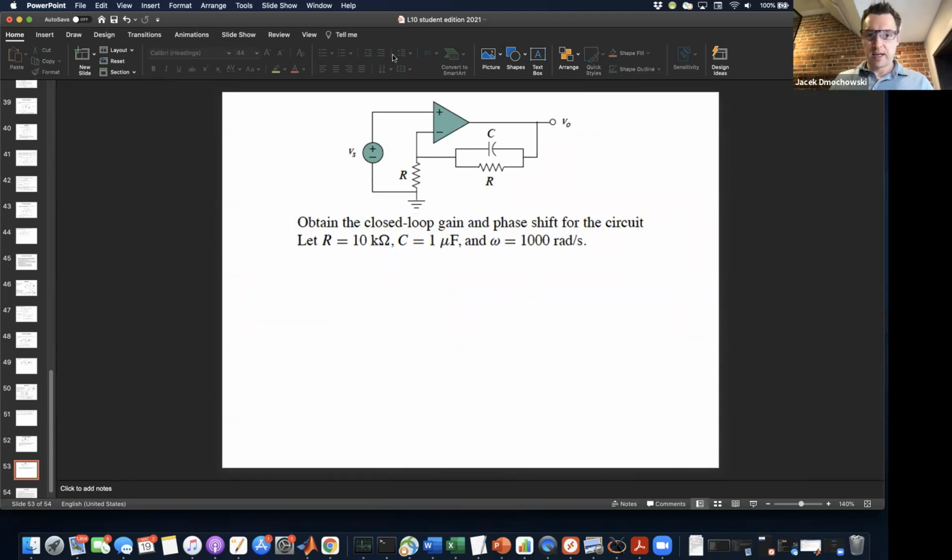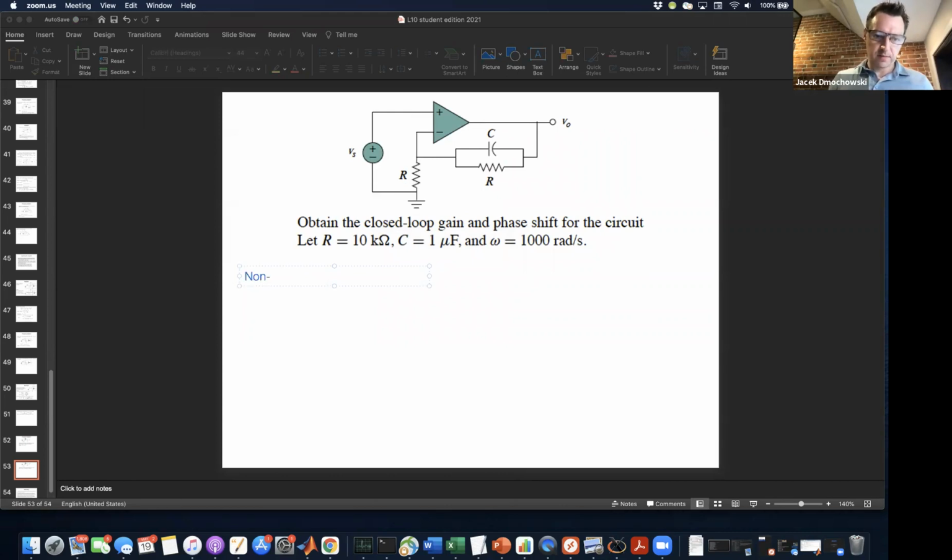So this is a non-inverting amplifier, first of all, because the input is connected to the plus input of the amplifier. And so the gain, we're going to call G, is equal to 1 plus ZF over ZI, where ZF is the feedback impedance.